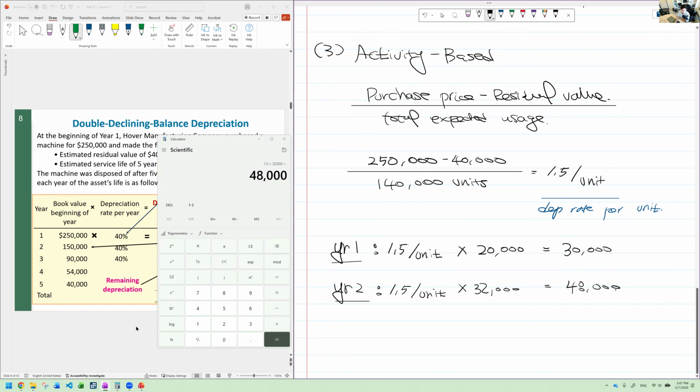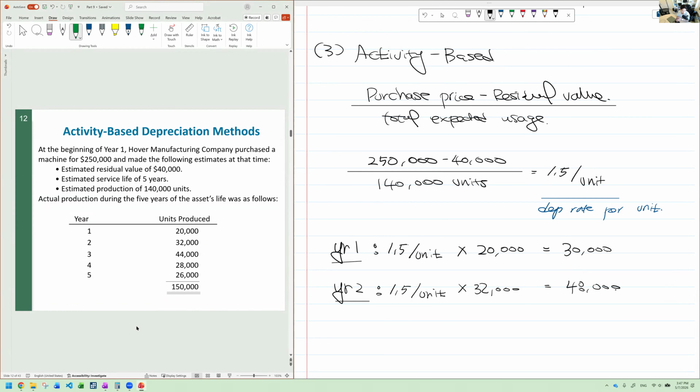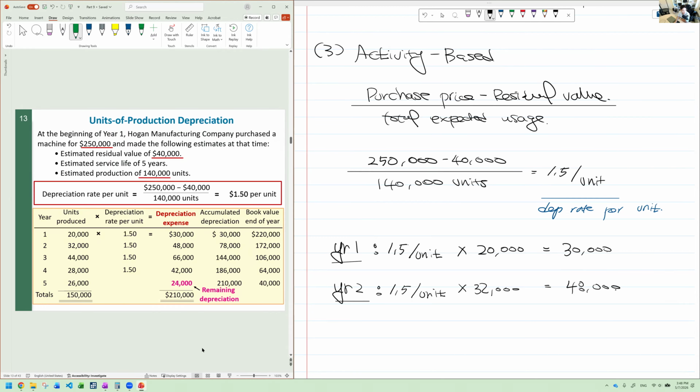Like I said, it could be in year one, we used 20,000 hours, so we multiply by 1.5. Year two, if we use miles, we drove 32,000 miles, so we multiply by 1.5 to calculate the amount of depreciation. So this is called the activity-based method.